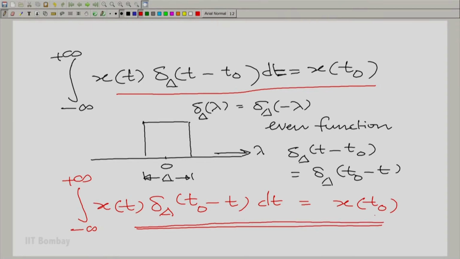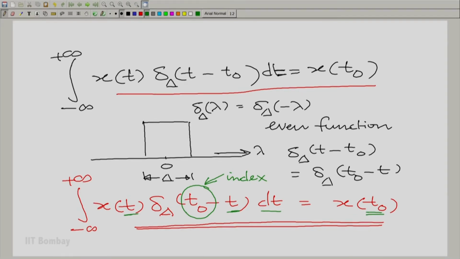It says if you take t0 now to be the variable, so we will now think of t0 as the basic variable by which the function is indexed, and this is the variable of integration t here. So, what we are saying is now take any particular point t. t0 is the index variable on the input.